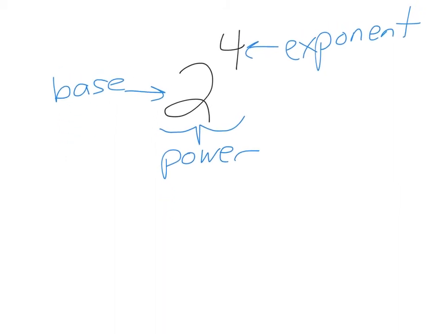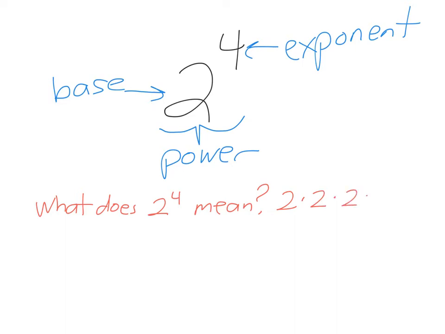Let's move this up a little bit. Because if I asked you, for example, what does 2 to the 4th mean? You would tell me that it's 2 times 2 times 2 times 2.